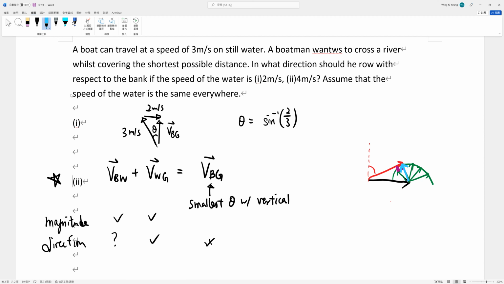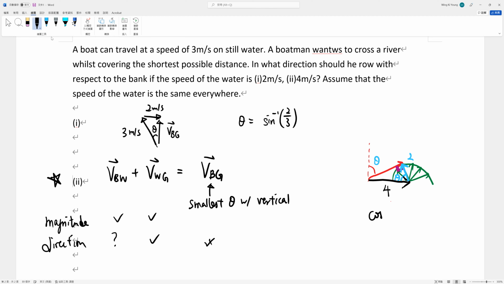If you want to find the angle, this is theta, and that one is also theta. To find theta, the black arrow has a magnitude 4 and the blue arrow has a magnitude 2. Then you just use cosine theta.